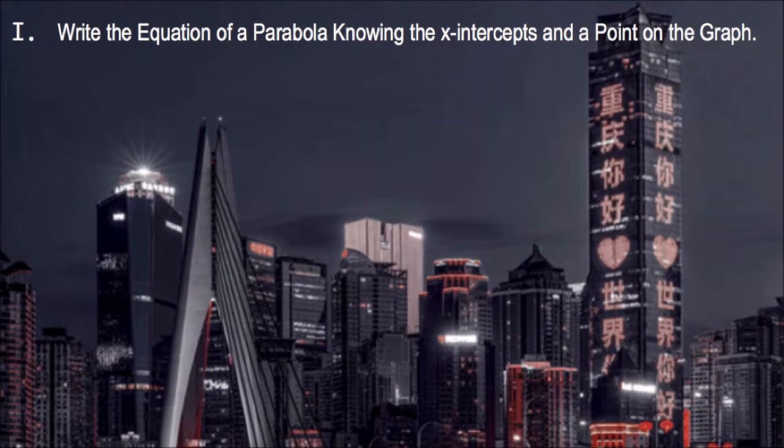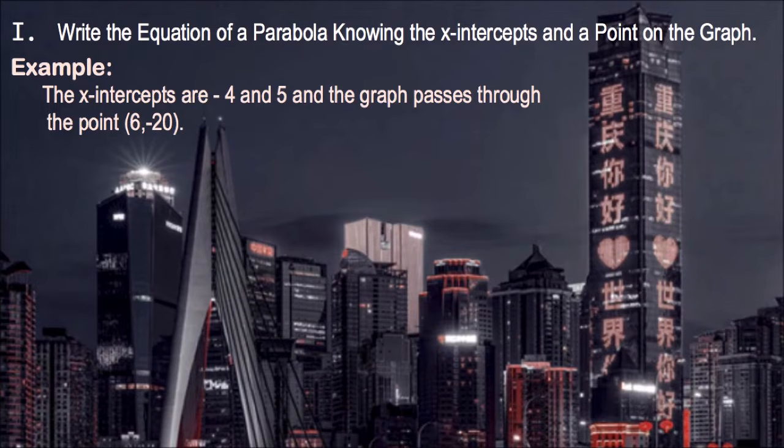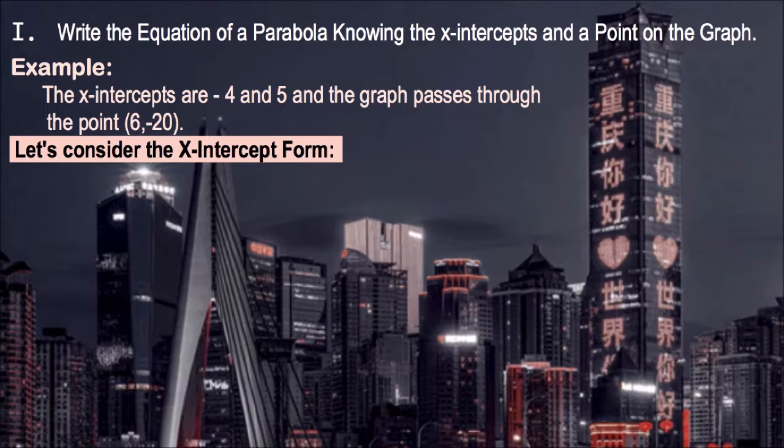Let's write the equation of a parabola knowing the x-intercepts and a point on the graph. An example. The x-intercepts are negative 4 and 5, and the graph passes through the point of coordinates 6, negative 20.